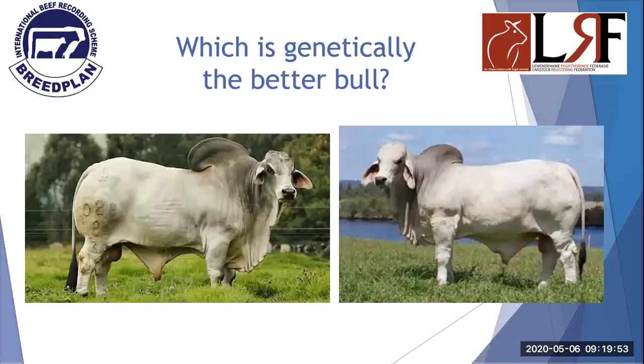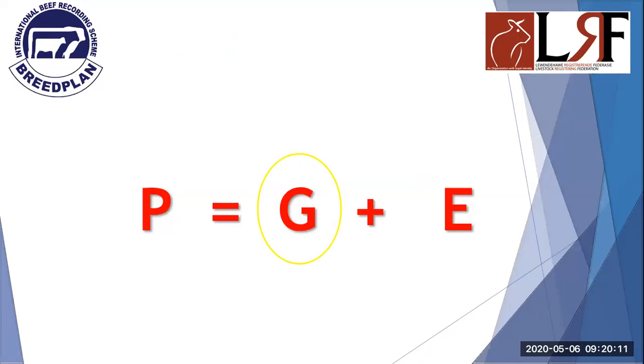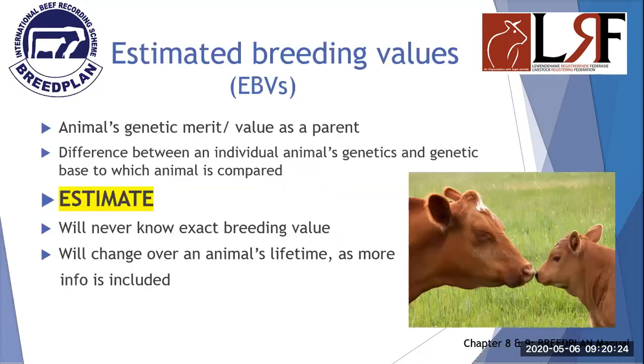So, as we saw in the video, we cannot determine which bull is genetically better just by observing or measuring their phenotype. We actually need some more information. We need the EBV. So we want to isolate the genetic part of their performance, see what their genetic ability is for that specific trait.